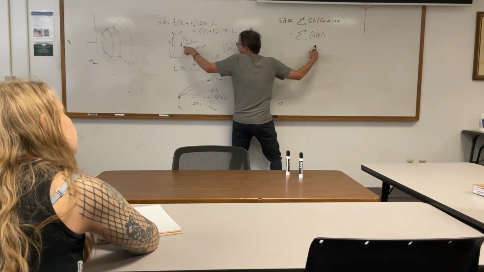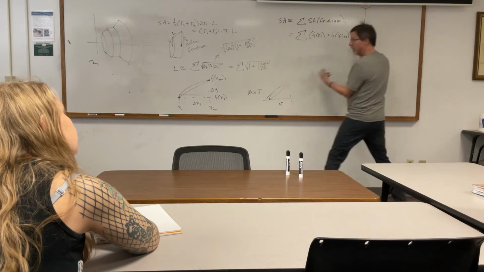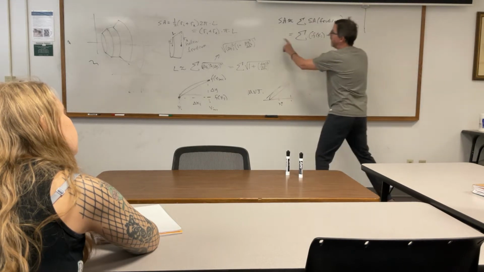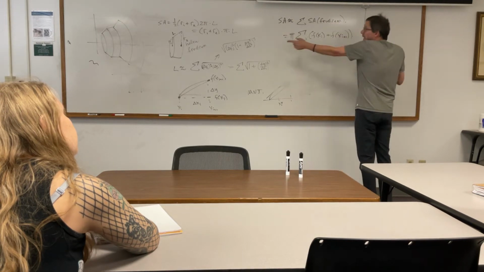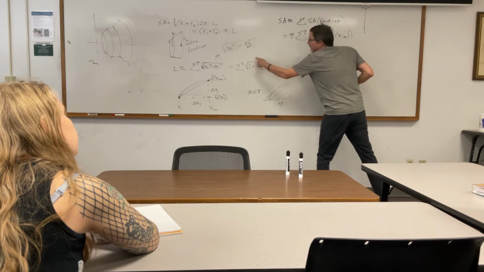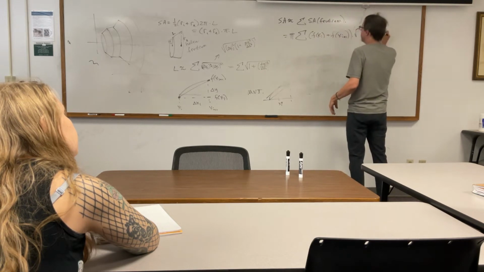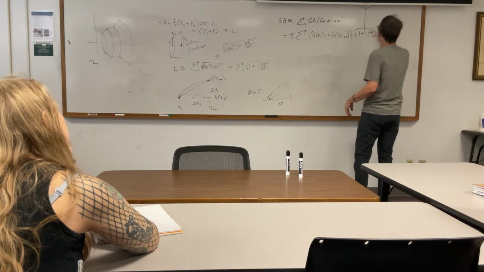This is going to be f at the right endpoint of my cut. And then I've got a pi up front here. I can pull that out. And then the length of that piece, which is going to be this thing again: the square root of 1 plus delta y over delta x, quantity squared.